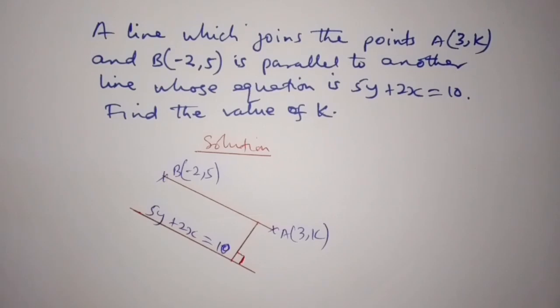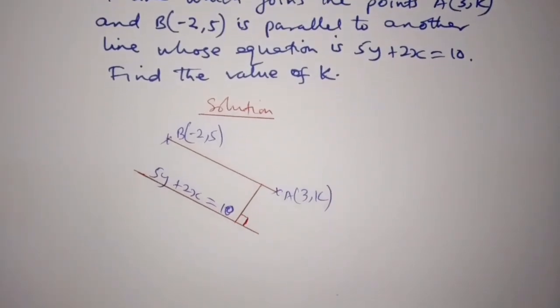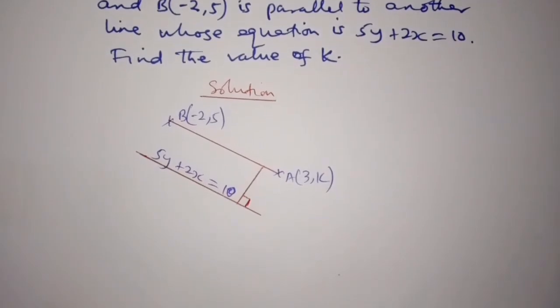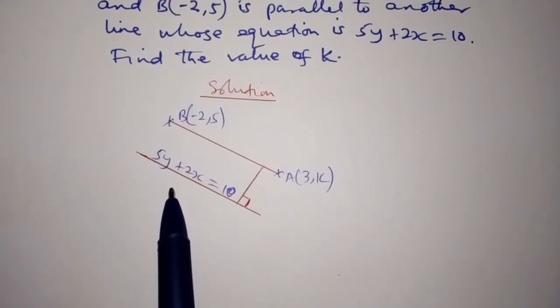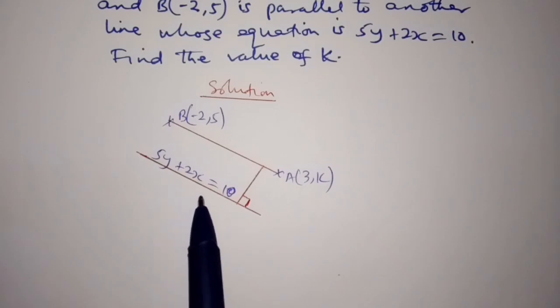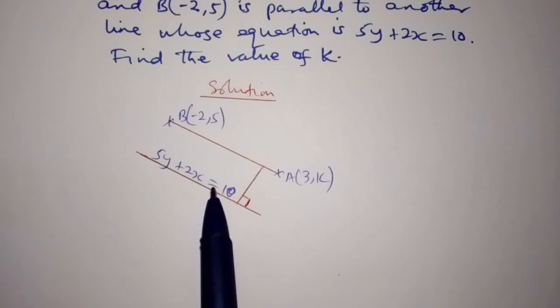So we can draw a sketch like this one here. The equation of the line is 5y plus 2x is equal to 10.